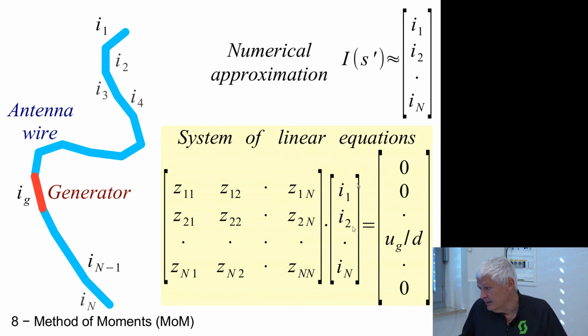The more segments we use, the more accurate will be the solution. Don't forget that this thing may be time consuming. Why? Here we have a square matrix. This matrix, if we have n unknowns, has n squared elements.